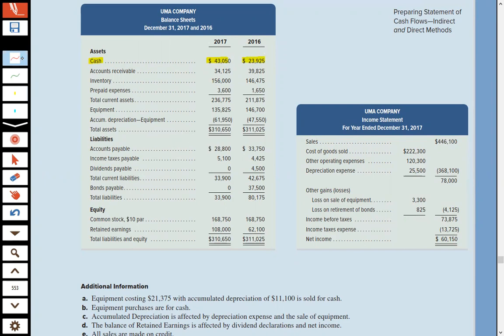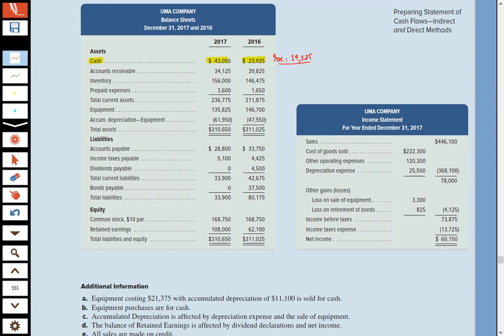So from 2016 to 2017, 23,925 minus 43,050, our cash has increased. Our net result is 19,125. This would be our result at the end.